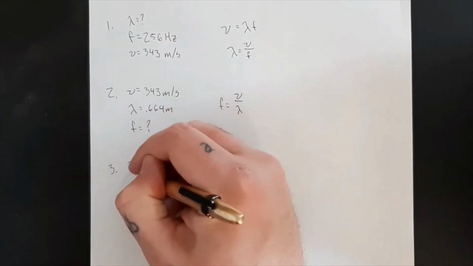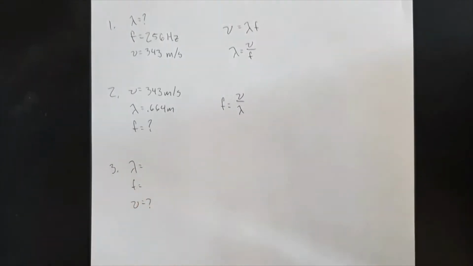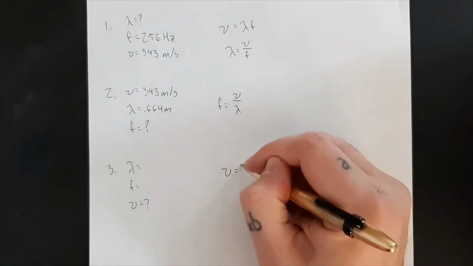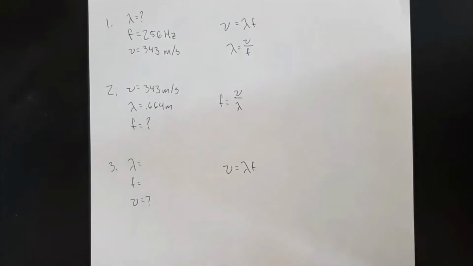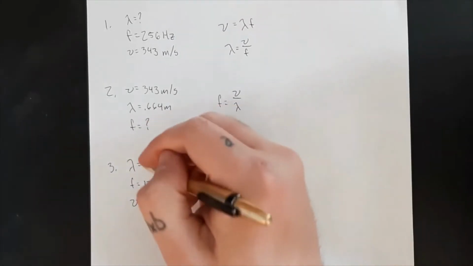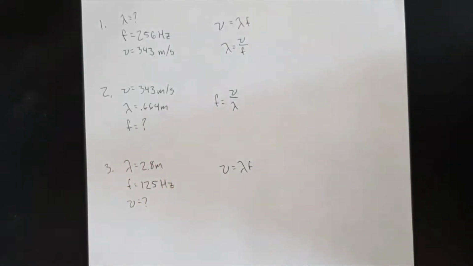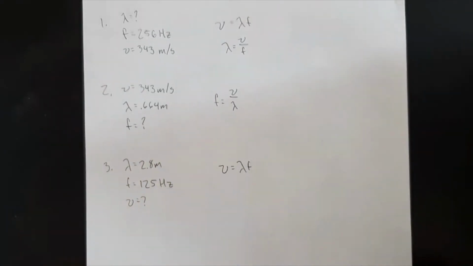It gave us a wavelength and a frequency, and we're looking for V. We don't need to move our formula around here. We just plug in our frequency, 125, and our wavelength, 2.8, and get our speed in meters per second.